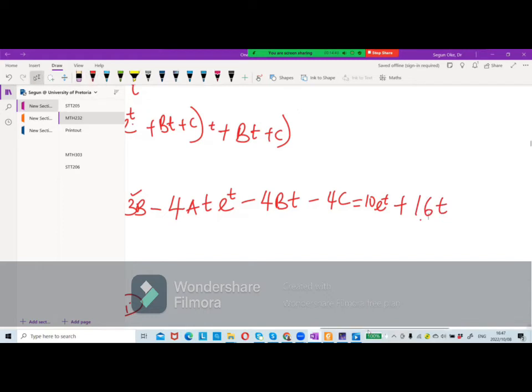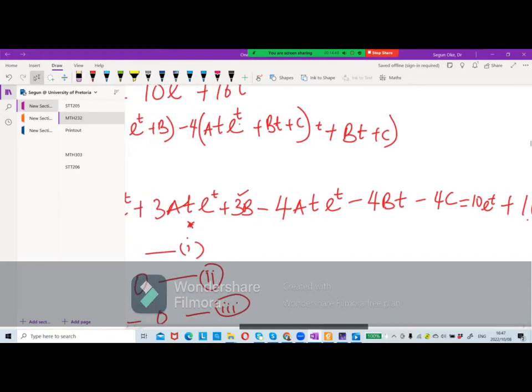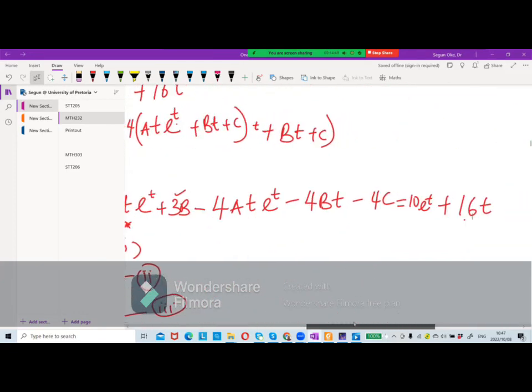So at this point, what we need to do is link each of them with the coefficient.